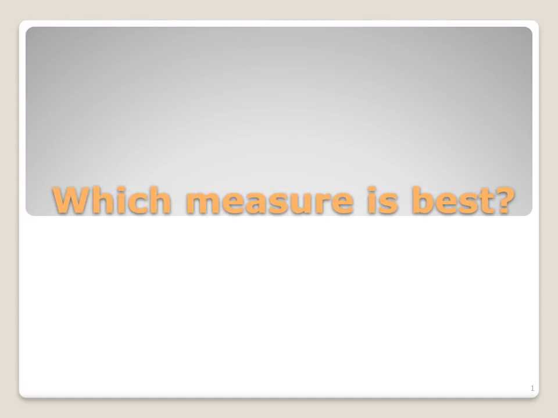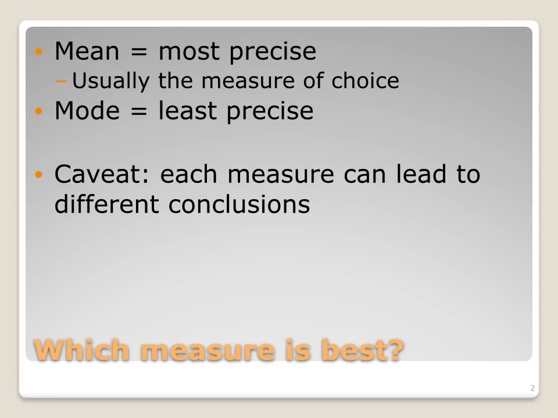Now that you've learned about the three different measures of central tendency, we're going to talk about which measure is best. So you might be wondering which measure of central tendency you should be using.